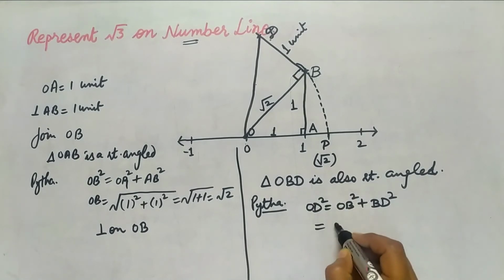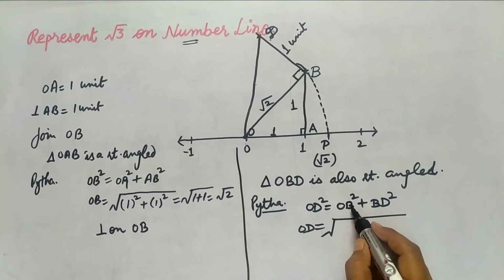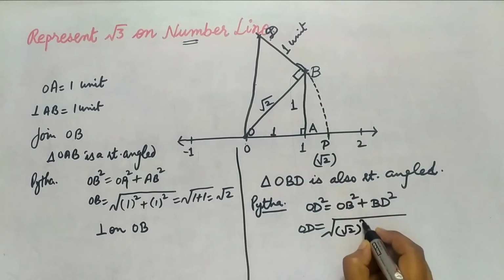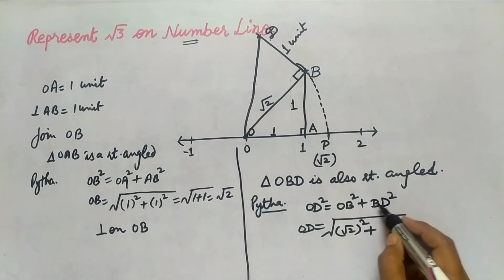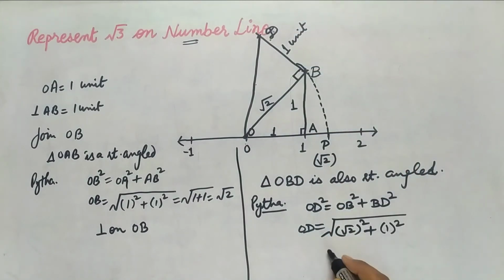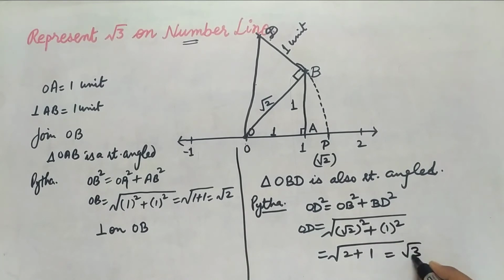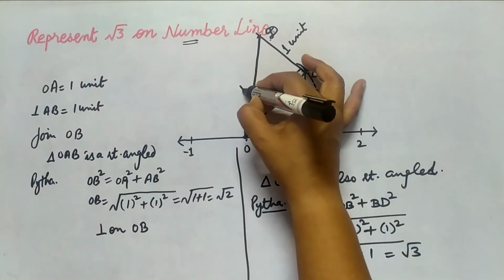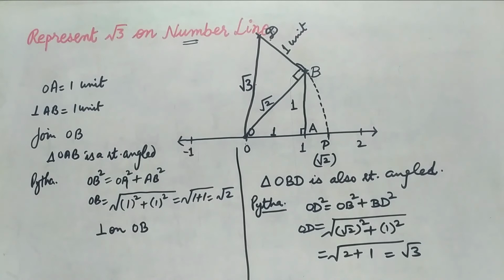OD will be under root of OB square, which is under root 2 square, plus BD square. Here it is 1 unit. Total is 2 plus 1. Square root and square will give 2. It is under root 3. OD is under root 3.